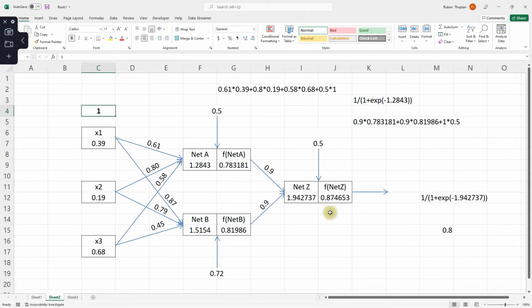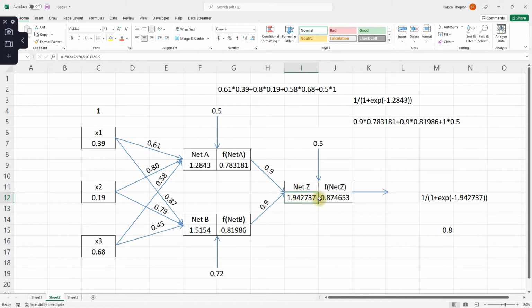This output that you got at Z is obtained by 1 upon 1 plus e power negative 1.9427. And how did we get that? I got that as 1 over 1 plus e power negative 1.9427.